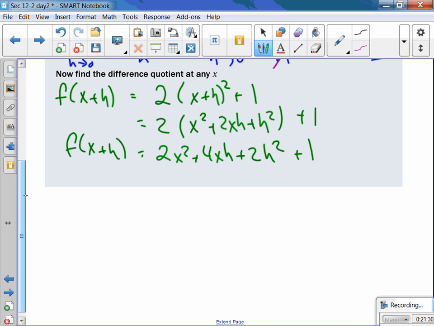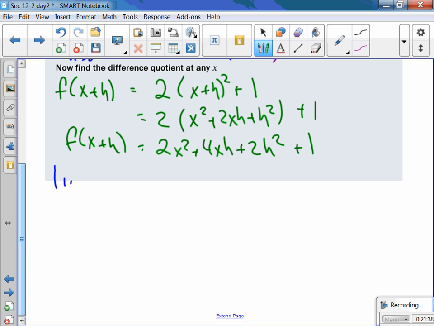So now what matters is the limit as h goes to 0 of my f of x plus h minus what? Minus my f of x. F of x was 2x squared plus 1, all of it over h.